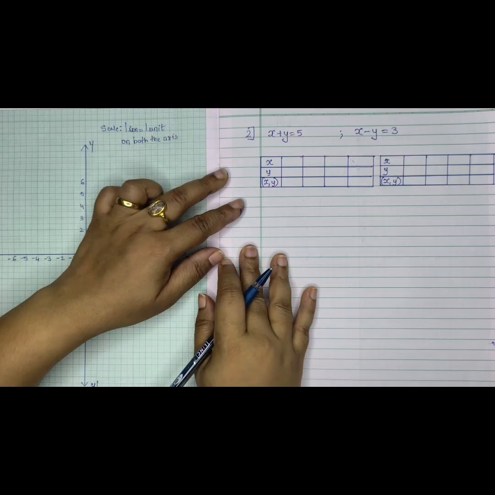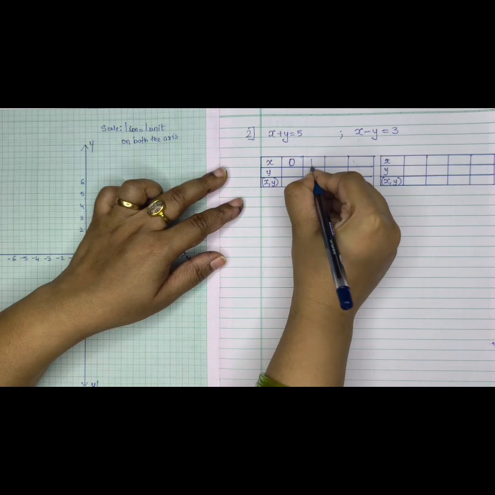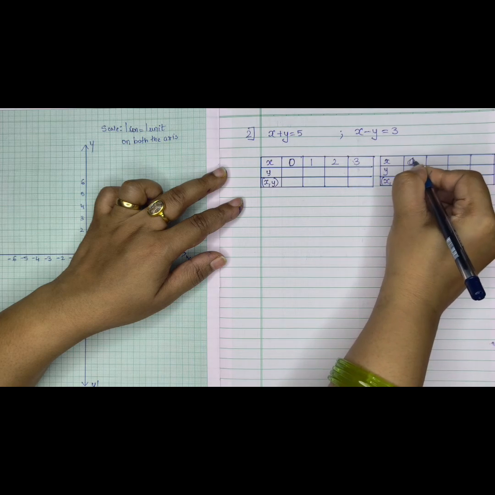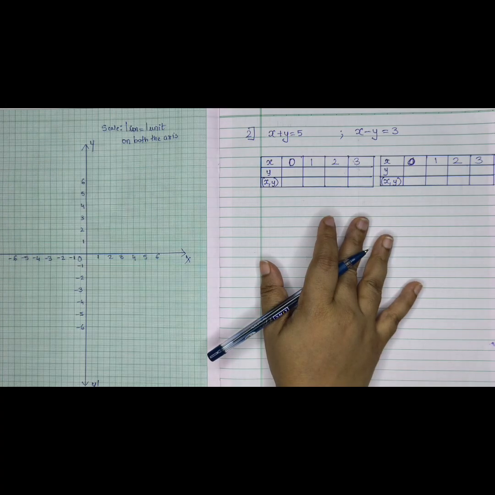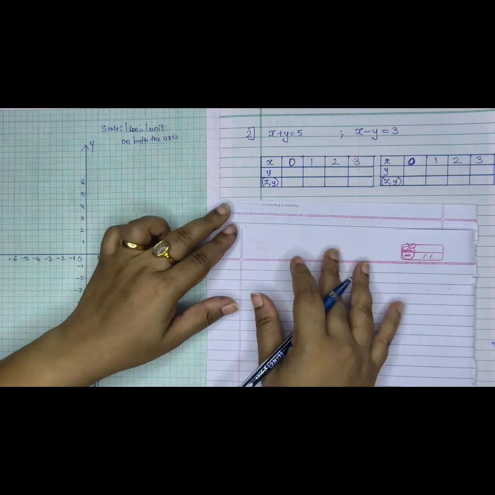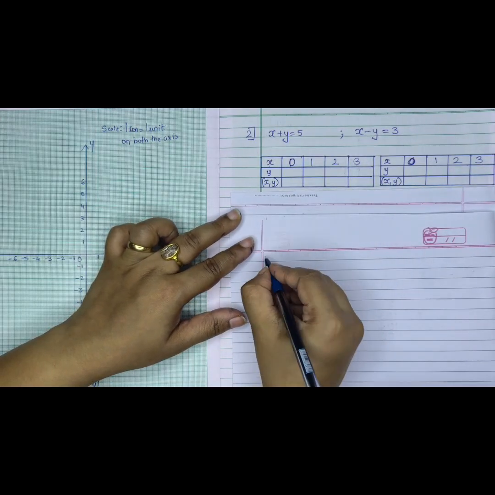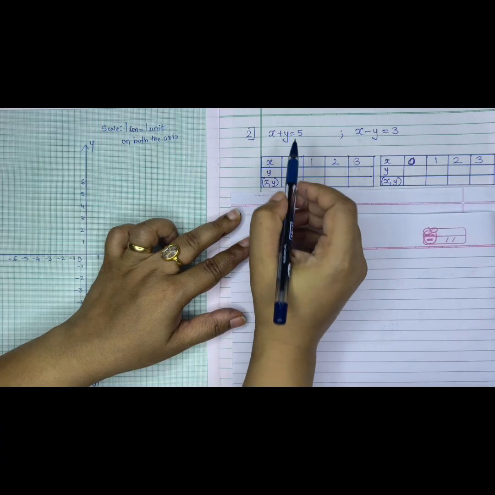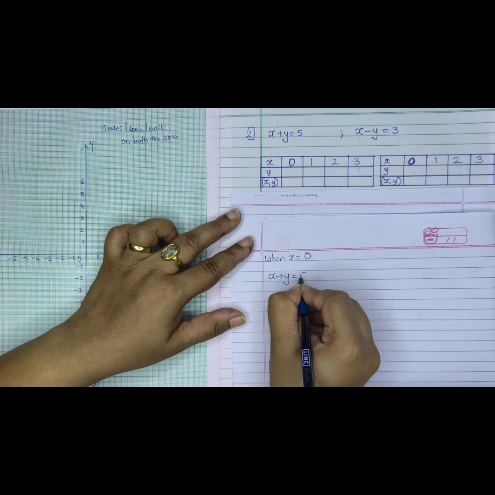Same way for the second sum, first you take 0, 1, 2, 3. Here also I will take 0, 1, 2 and 3. Now when x is equal to 0, use this equation, x plus y is equal to 5.